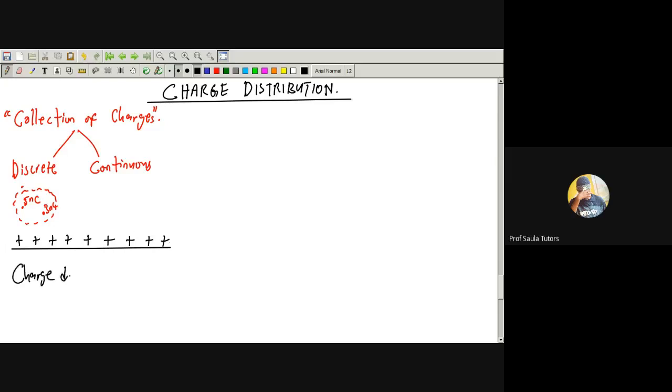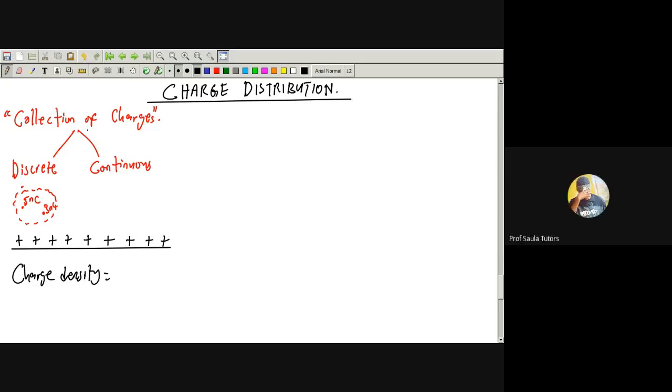When we are talking about density, we are talking about how crowded something is. That's the meaning of the word density. If you find a material that is denser, it means that its atoms are crowded together.